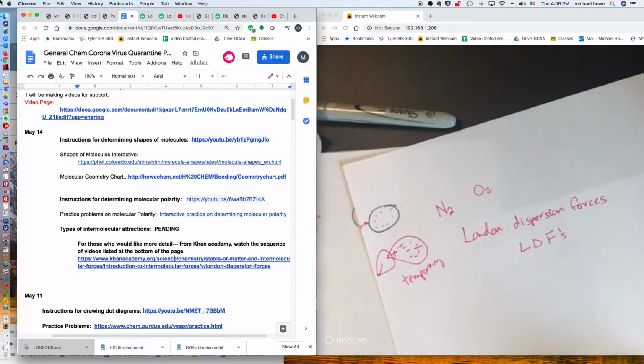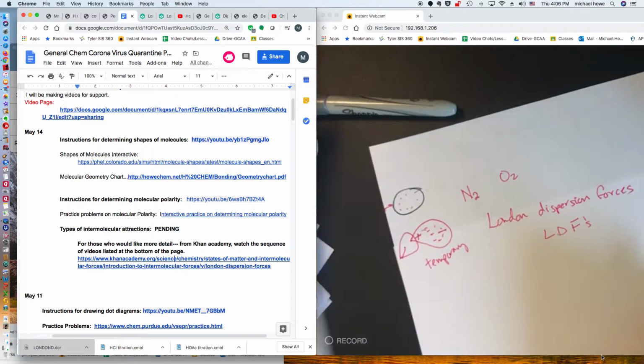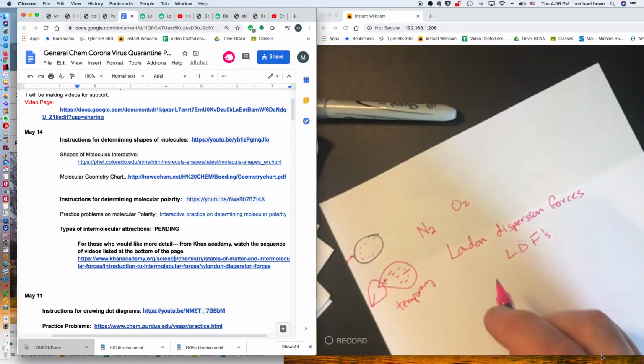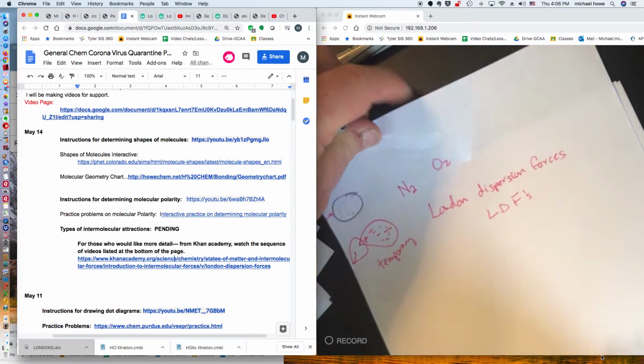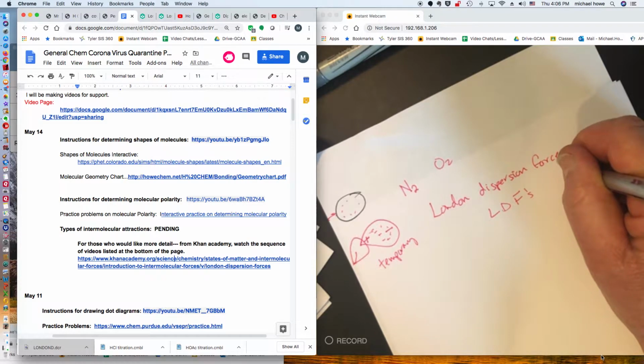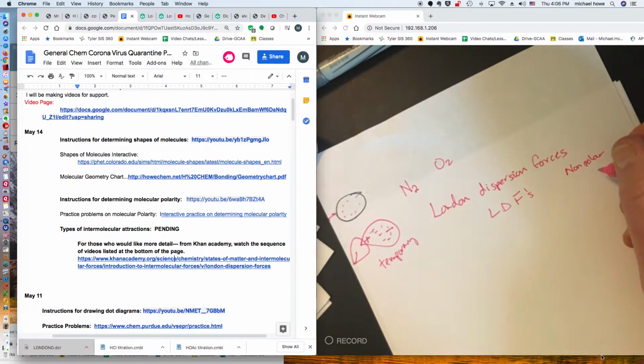All right, now I'm going to move off my creative way to move these together and just move into a more traditional approach. So now another option, remember those are two non-polars. So those are between non-polar molecules, or at least that's the only force that holds non-polar molecules to each other.